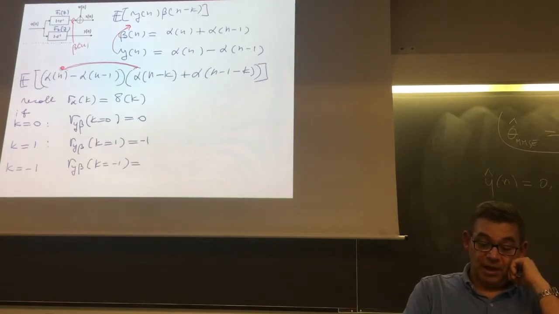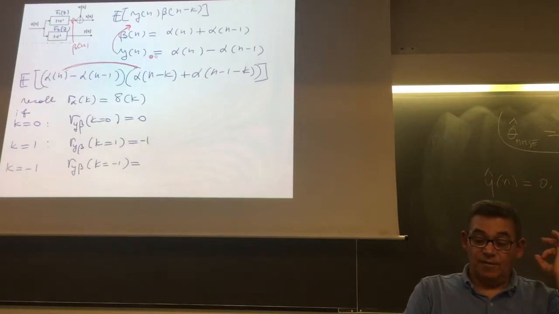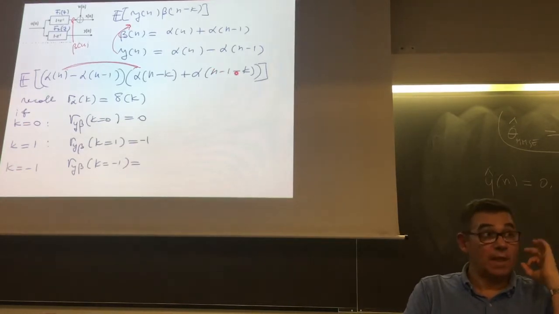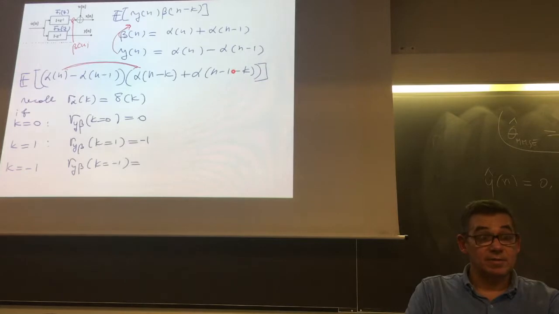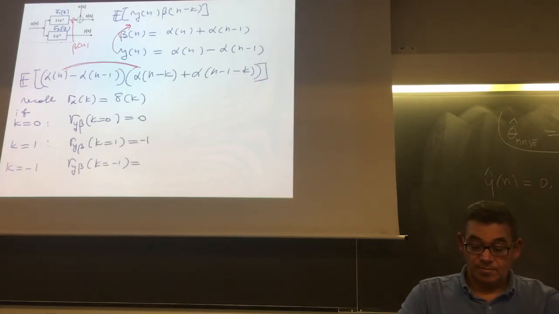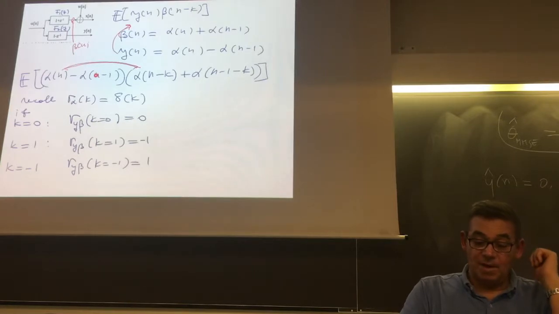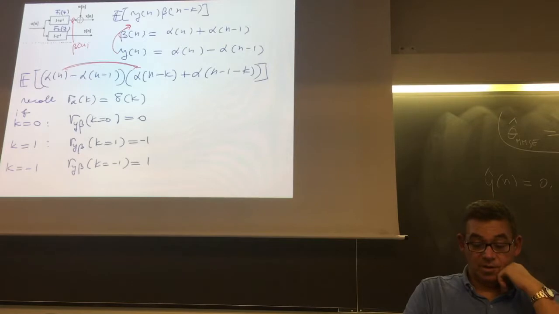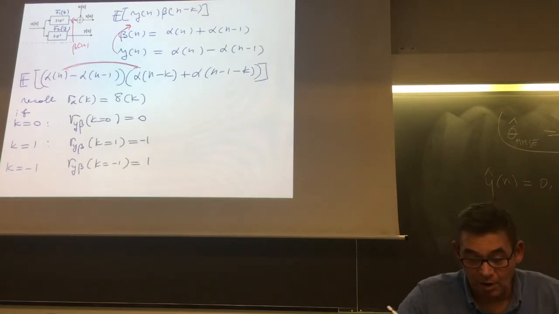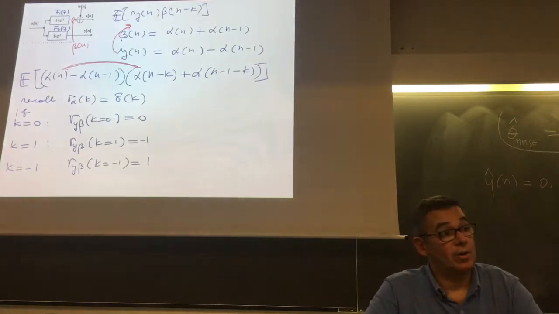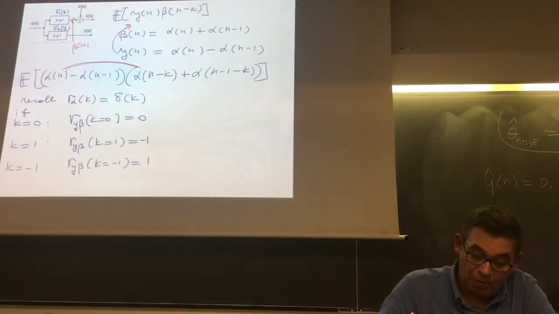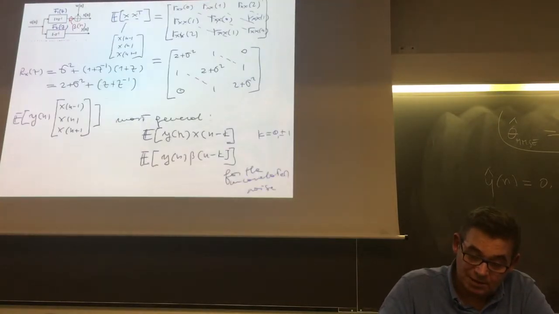Then here I have alpha n minus 1 with alpha n minus 1, which is 1. Then I have alpha n minus 1 with alpha n, which is 0. So we build our cross correlation vector. So our system is that matrix times this vector.